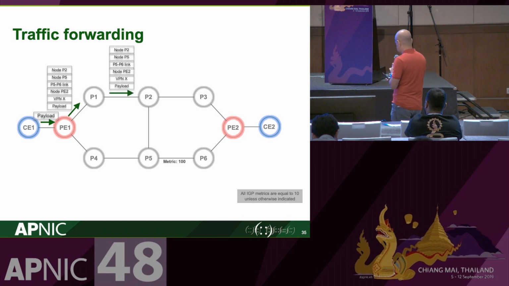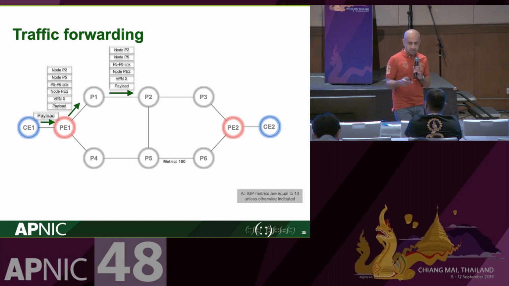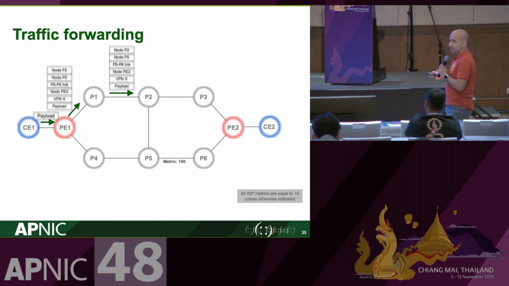So let's see how this works. It sends it to P1. P1 looks at the top label. What is the top label? Node P2. It will have an entry in its ILM, remember, that says anything I receive with a label of 102, I send with 102, because we're swapping the incoming label for the same outgoing label. Every node will have a unique label.